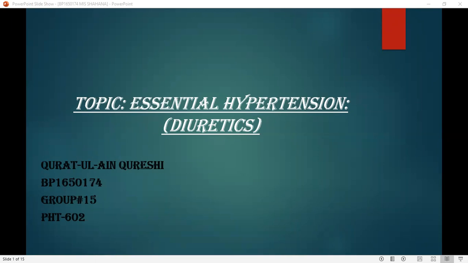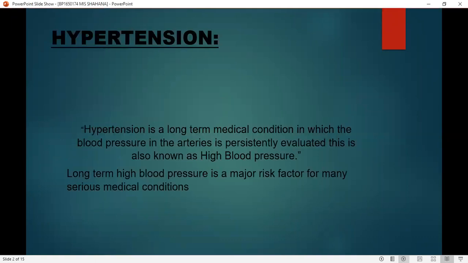So, first of all, I'm going to start with giving a review about hypertension. What is hypertension? Hypertension is a long term medical condition, also known as high blood pressure, in which the blood pressure in the arteries is persistently elevated.